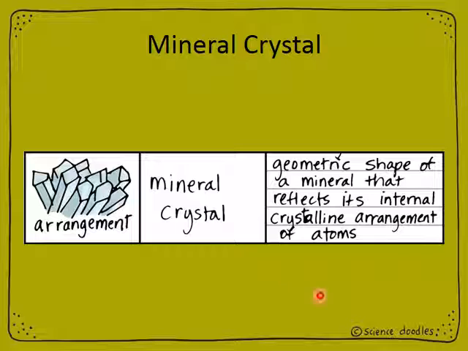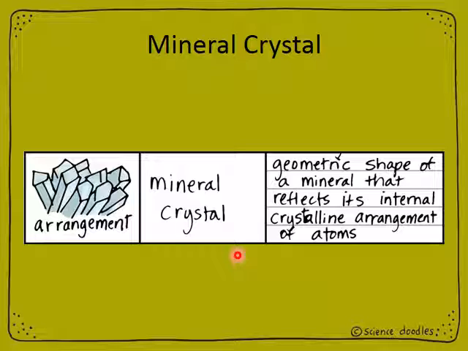Mineral crystal. So this is the geometric shape of a mineral that reflects its internal crystalline arrangement of atoms. So basically whatever form the mineral takes when you look at it, that's how the atoms are arranged inside of the mineral. So if the mineral looks square, then the atoms are probably arranged in a square shape.